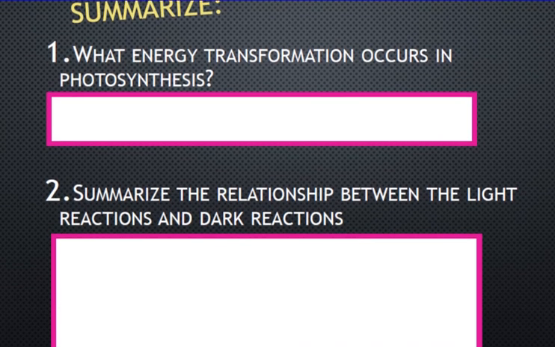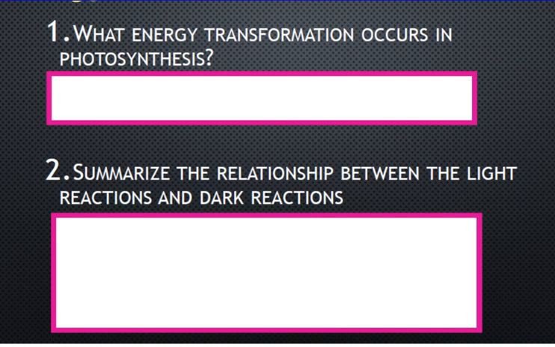All right, to summarize, our energy transformation. We are focusing on light to chemical, harnessing sunlight to make it into a usable form. Our first step, our usable form, is ATP and NADPH.